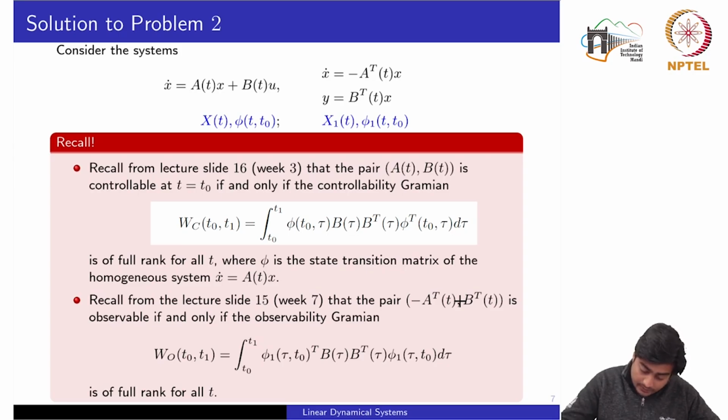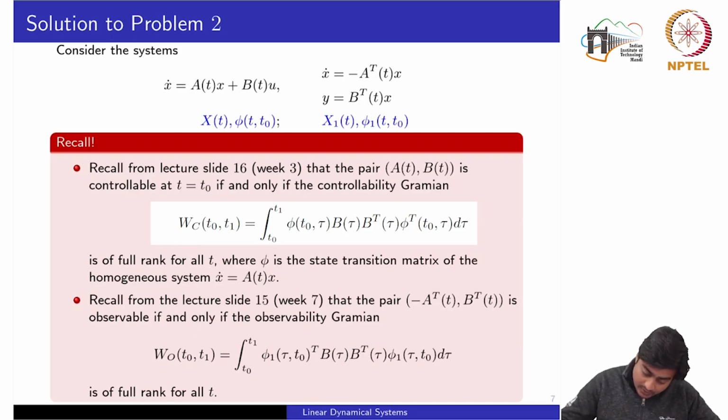Now the logical idea behind the proof is: if we are able to show that WC is equal to WO, and WC is full rank, then WO would also be full rank. WC is defined for system 1 and WO for system 2, so we only need to show the equivalence of WC and WO.